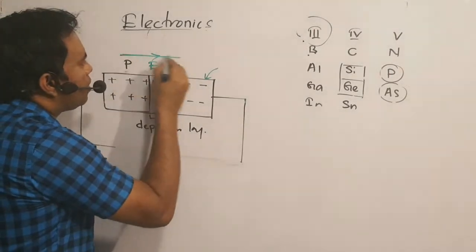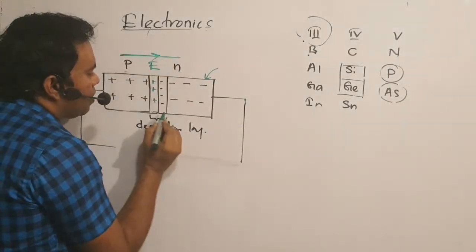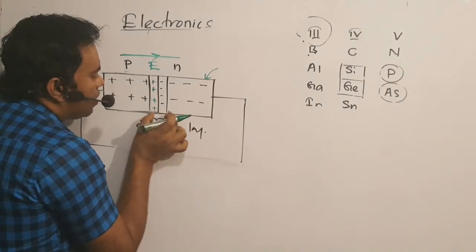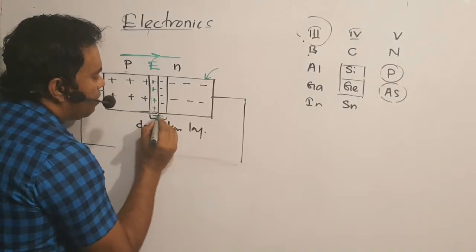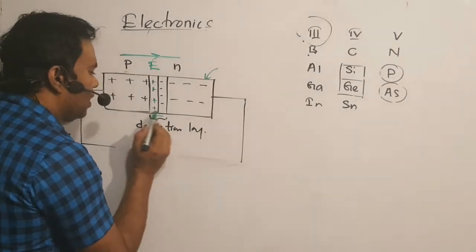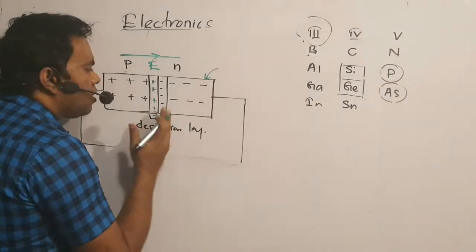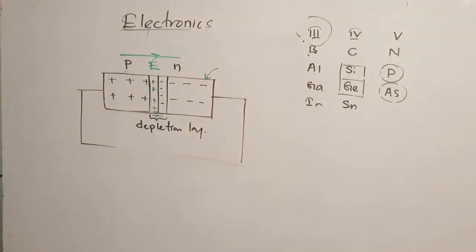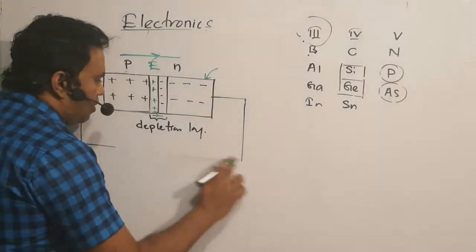The main electric field is positive to negative. But because of this reverse electric field created by the depletion layer, the oppositely charged two layers act as an obstacle. මේ obstacle එකක් වශයෙන් ක්‍රියාත්මක වෙනවා. As just kind of a resistance.